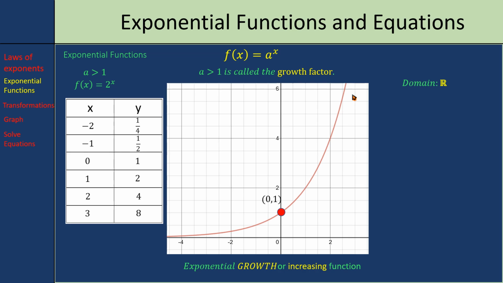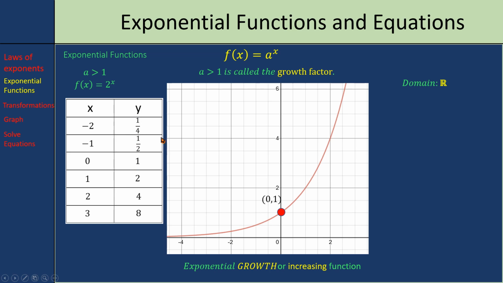The domain of an exponential function is always all real numbers, always. So you don't have to worry about domain, always all real numbers. The range, in this case, you kind of have to look at the graph, and it starts at 0 here. See, you got to imagine now, if I go further to the left, like if I put really big negative number in for x, it's still going to be 1 over something. It's going to be 1 over a really big number.